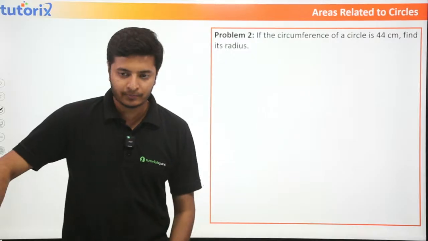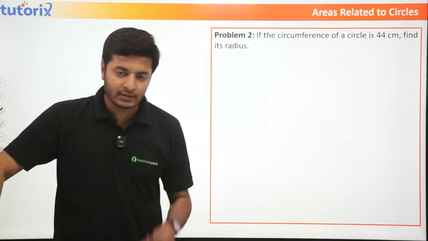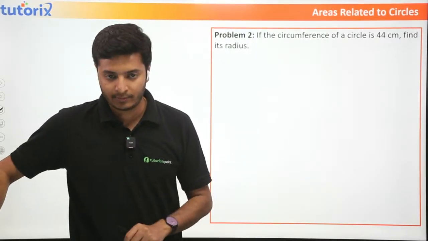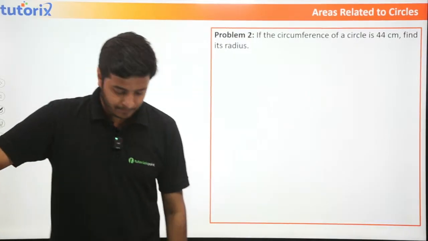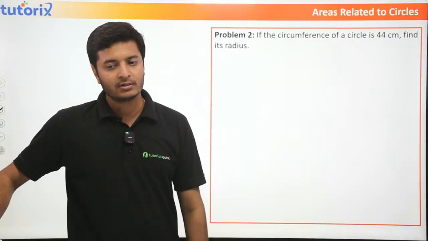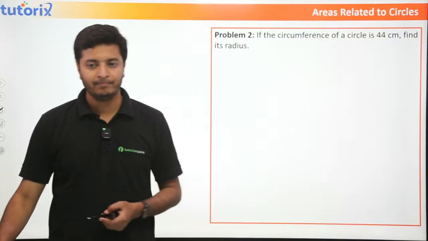Problem number 2. If the circumference of a circle is 44 centimeter, we need to find its radius. Circumference, perimeter, same thing.